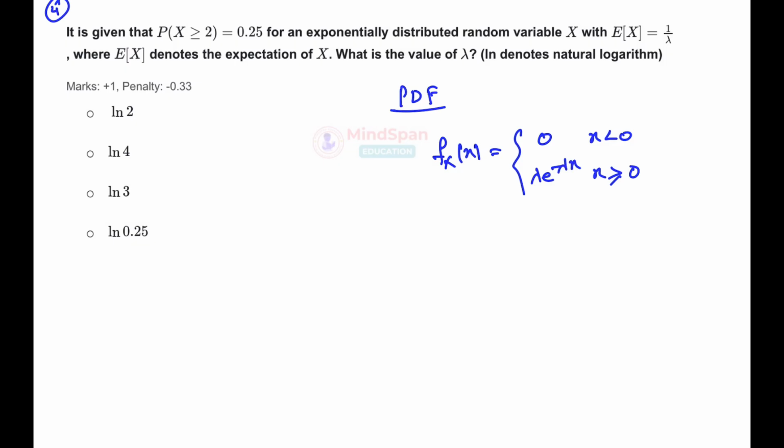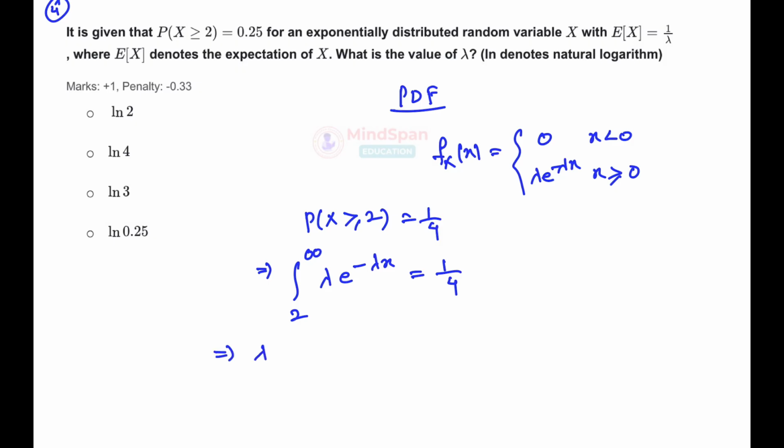And we are given that the probability that random variable x takes the value greater than 2 is 1/4, right? So we just need to find this thing, the integration from 2 to infinity of lambda e to the power minus lambda x is equal to 1/4, right?